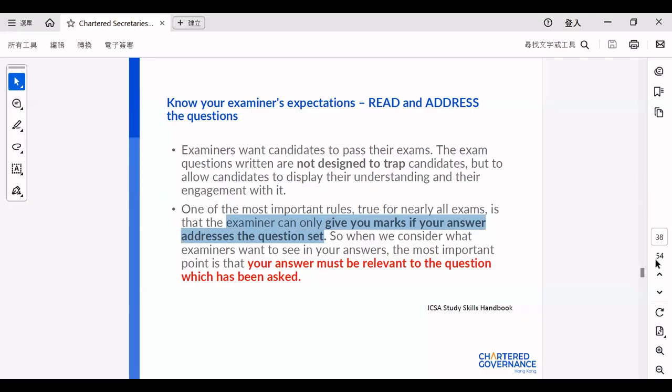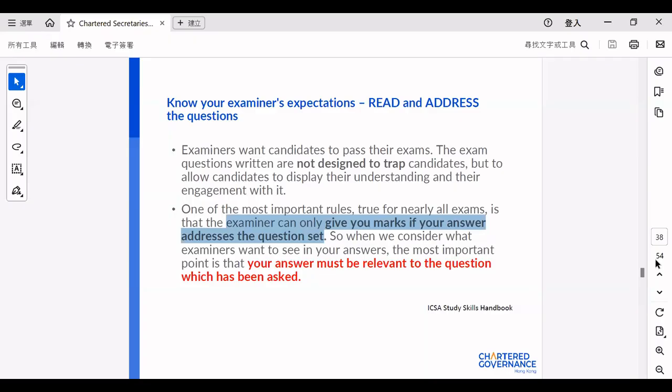They cannot give you a mark for irrelevant answers. And that is the point, right? So make sure that you address what the examiner wants, and they will give you marks. If you are not addressing what they want, obviously they cannot give you any marks for that. I mean, that's the ABC of marking. They have a marking scheme, and if you deviate too much from it, obviously you don't get any marks.